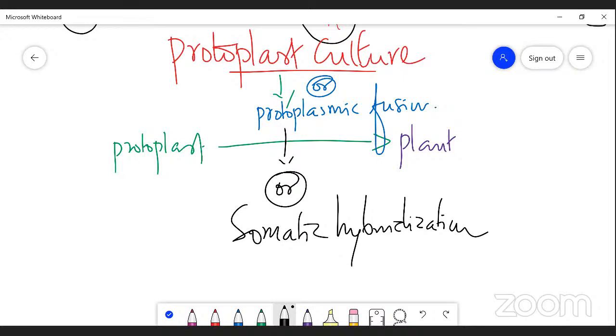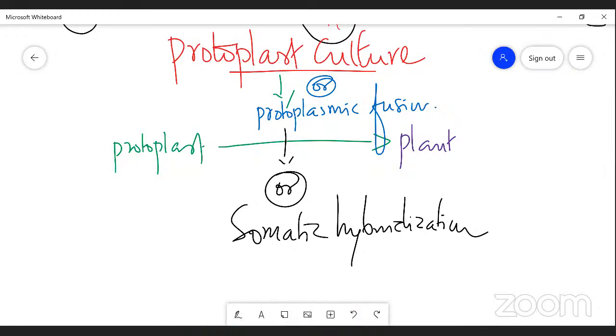As a result, a hybrid plant is developed by a technique called protoplast culture, protoplasmic fusion, or somatic hybridization. So simply, the development of an entire plant by using protoplasts is called protoplast culture.